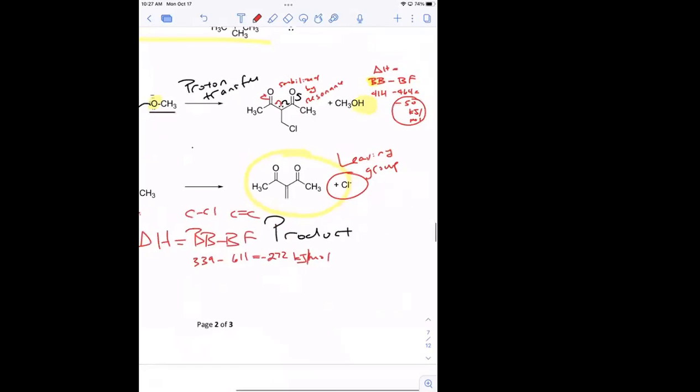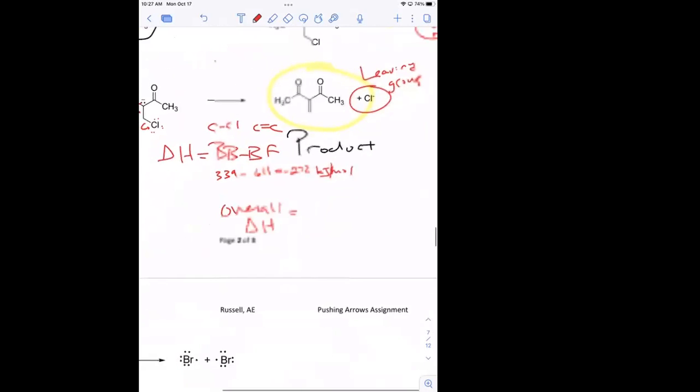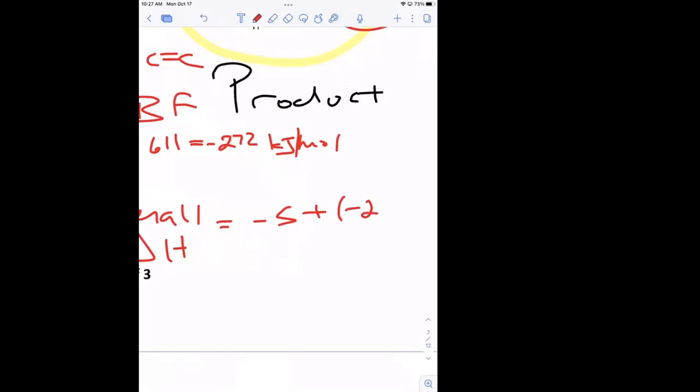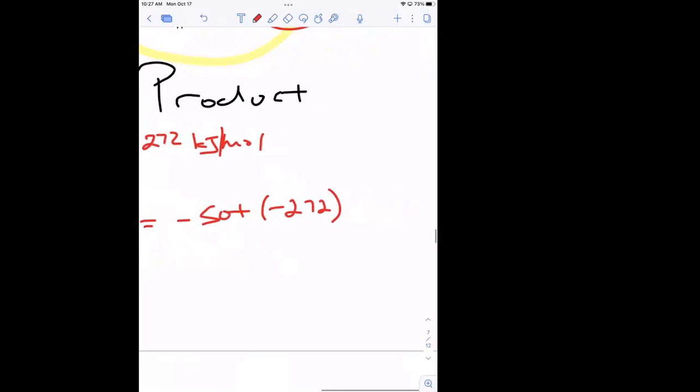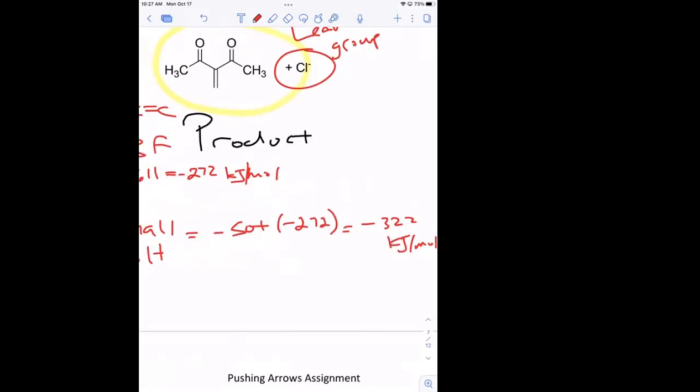So now when we look at this overall reaction, if we want to know the delta H, we're just going to sum them up. We're going to say minus 50 plus minus 272 for that is negative 322 kilojoules per mole.